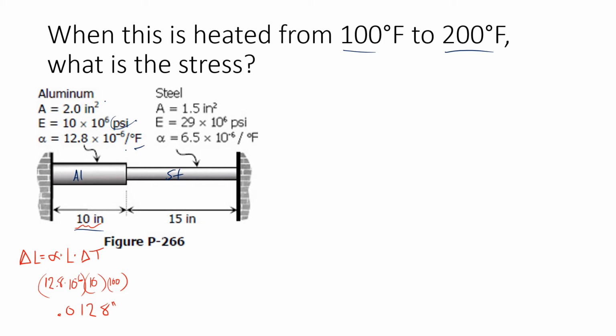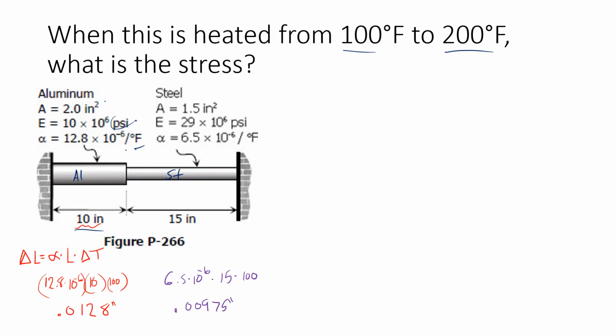So we're going to do the same thing for our steel here. Same formula, just different values. So we're going to have 6.5 times 10 to the minus 6 times 15 this time, because it's longer, times 100, because it changes by the same amount of temperature, same number of degrees here. So steel is going to change by 0.00975 inches.